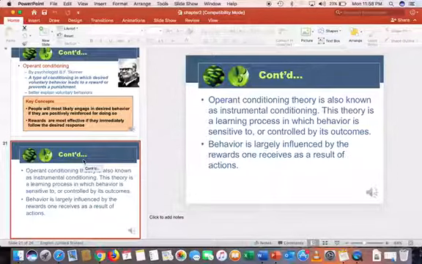This theory is a learning process in which behavior is sensitive to or controlled by its outcomes. It is dependent on the result of an activity. Behavior is largely influenced by the rewards one receives as a result of actions. The action is done and then you receive the reward. This is called the condition. The condition is reward and activity.